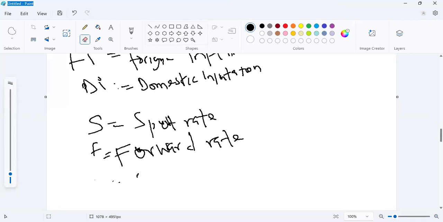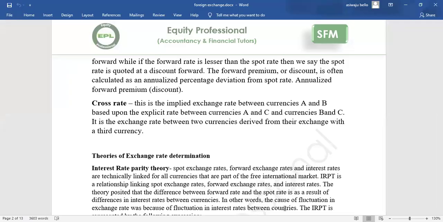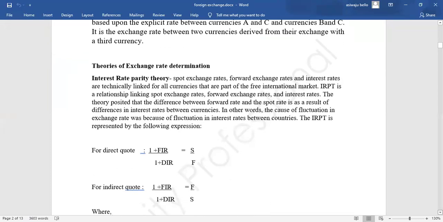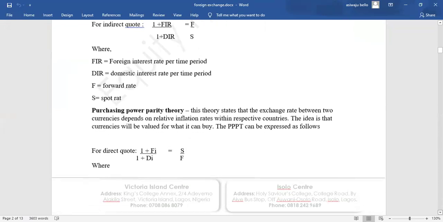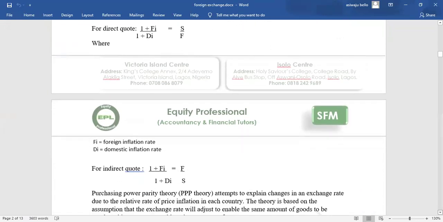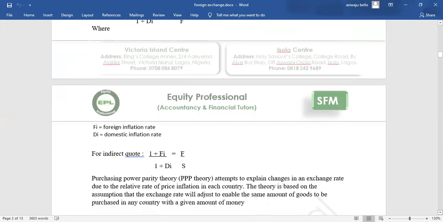Let us stop here, at the purchasing power parity, the theories of exchange rate determination.